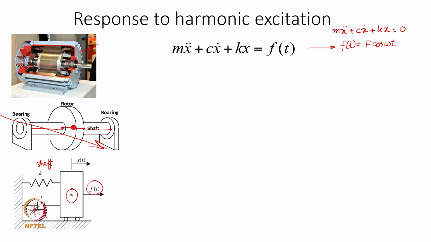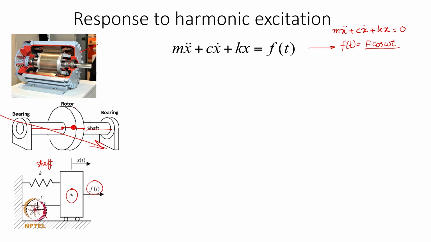All practical rotors cannot be balanced to 0; they will always have some residual unbalance, and that unbalance will create excitation to the shaft rotor system, or rotor bearing system, and that f of t can be modeled like a harmonic forcing function F cos omega t.